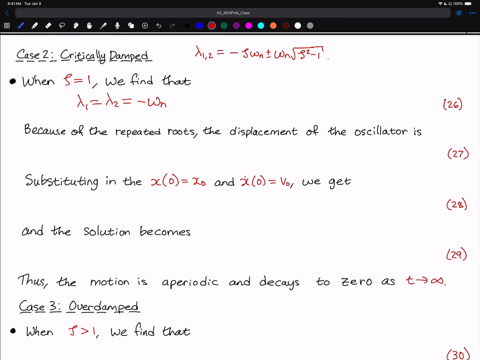Okay, in this case, we end up with repeated roots, and as a result, the displacement of the oscillator, and we're not going to show this, but you can go through and show this, is going to be some constant C1 plus a constant C2 times t, all of that times e to the minus omega n t. We substitute in our initial conditions. We will find that C1 is equal to x0, and C2 will be equal to v0 plus omega n times x0.